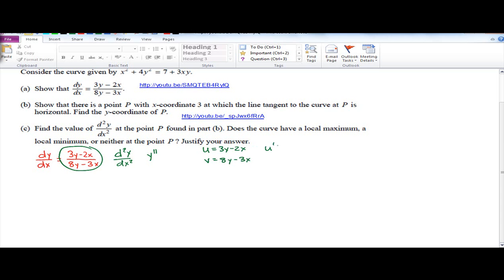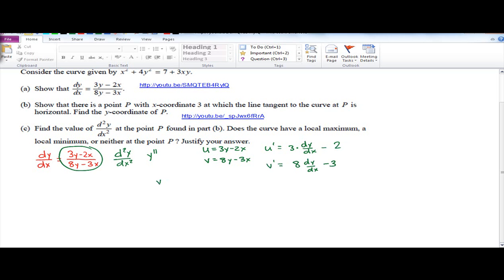That means u prime will be 3 times dy dx minus 2. And that means v prime will be equal to 8 dy dx minus 3.